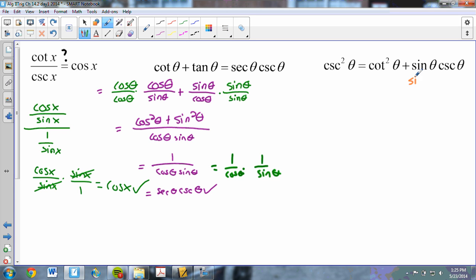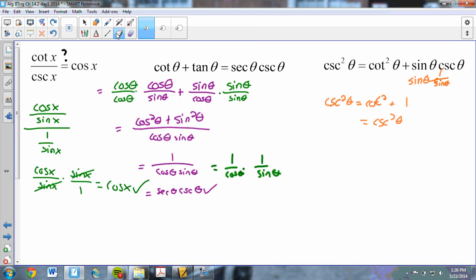And what's sine times 1 over sine? So now we have cotan squared plus 1, which is cosecant squared. Didn't actually need to write this over here. How do you know cotan squared plus 1 is cosecant squared?